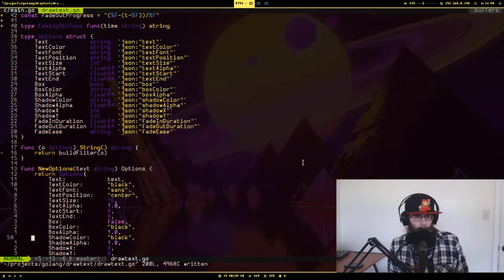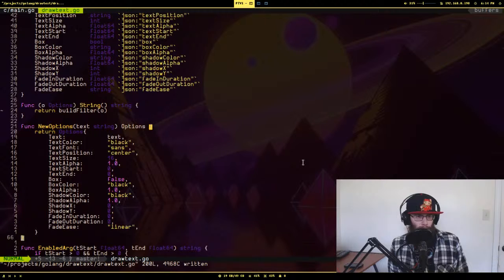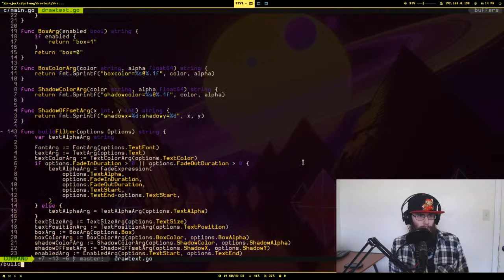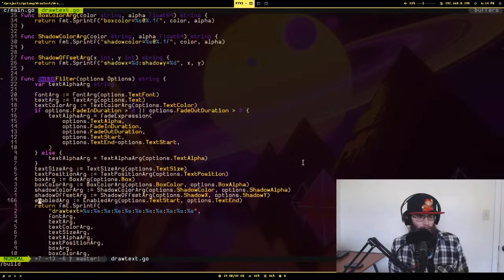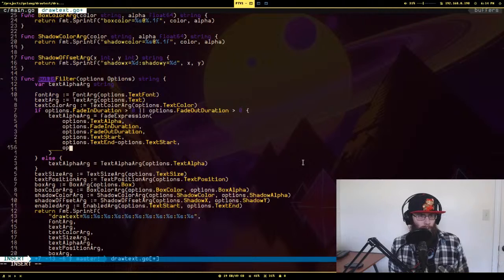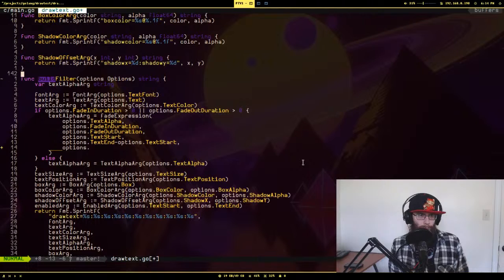Okay, that makes sense. So what's going to happen is when it goes down to build filter and it's calling, where is that? Fade expression, options dot. Yeah, I need another function here.